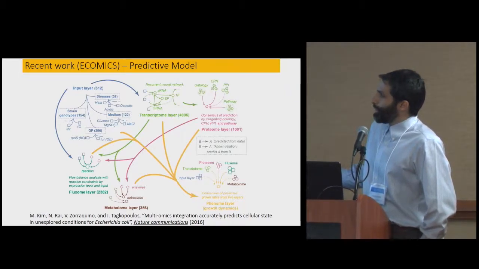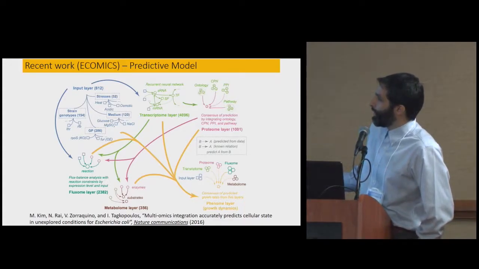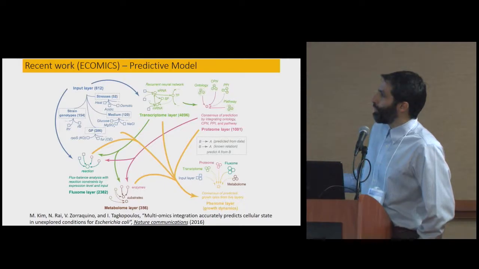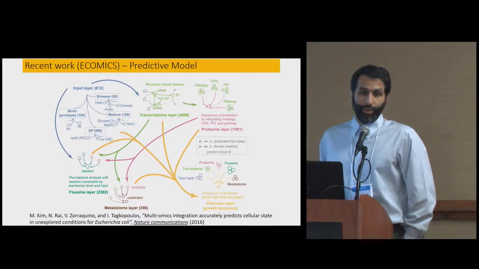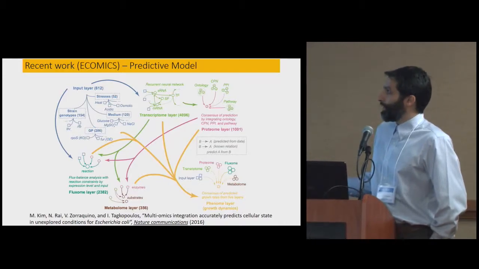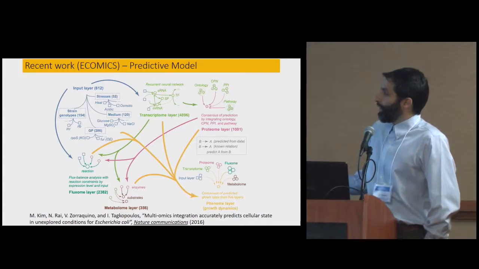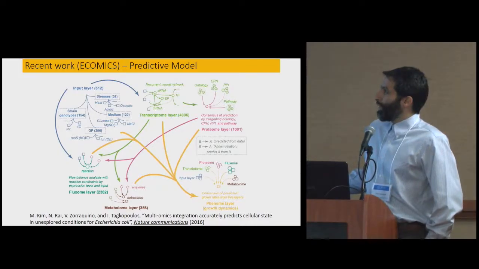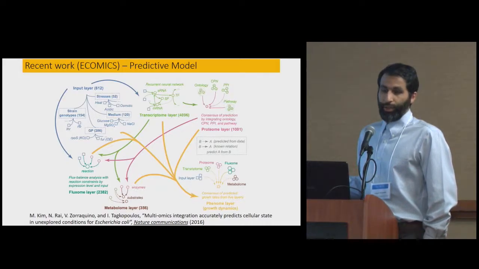Then we build multiple layered models. The first layer is the transcription layer, where these connections are the connection between different genes, whether one gene is activating the other gene or inhibiting the other gene. We've gathered all that data from the literature and try to see, given the absence or presence of a given gene, how this is going to impact the other parts of the network.